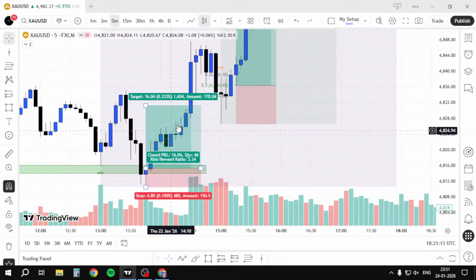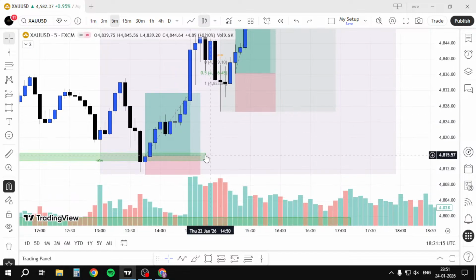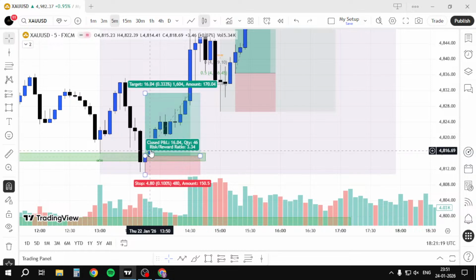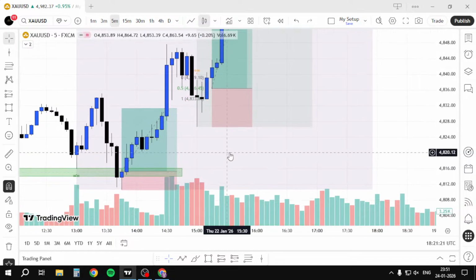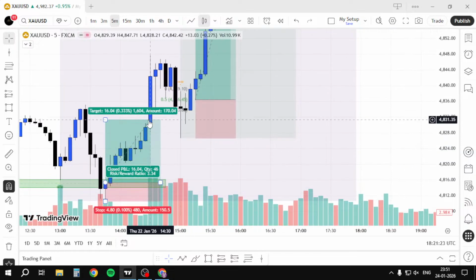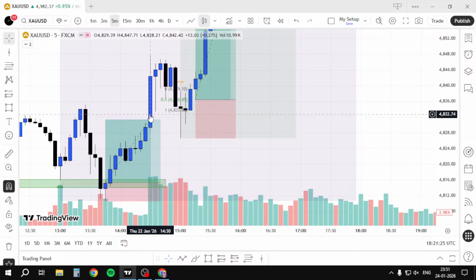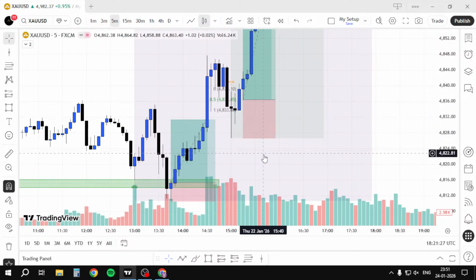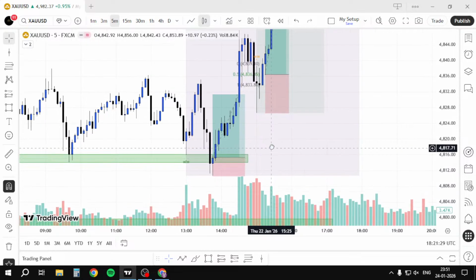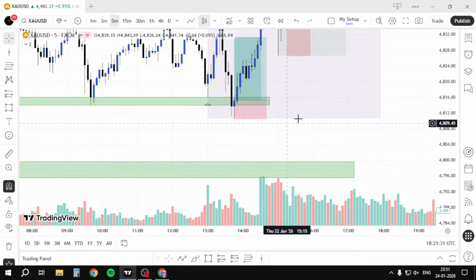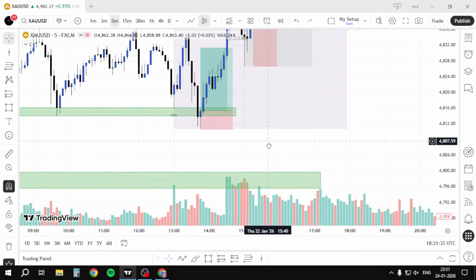It directly went upside. It means in the lower time frame it has already mitigated this FVG, right? Now see, only one FVG is left to be tapped. Rest everything is tapped in this zone, not below this.